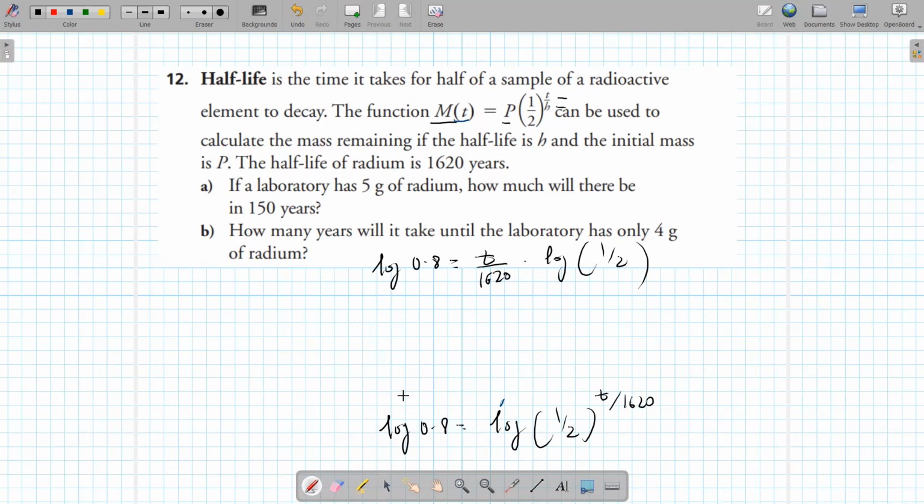Do you multiply by 1620? Sure. What's log of 0.8 times 1620? It gives me negative 156.9. Okay, now what?